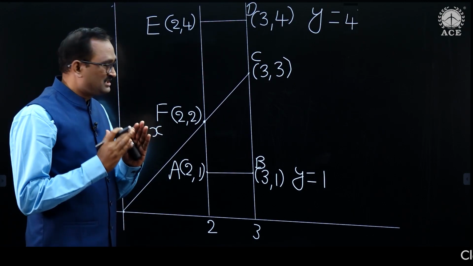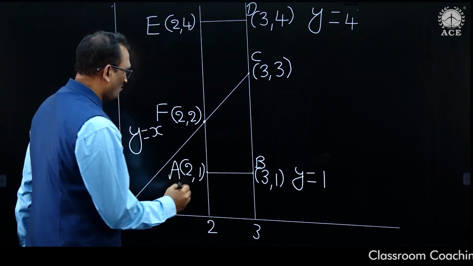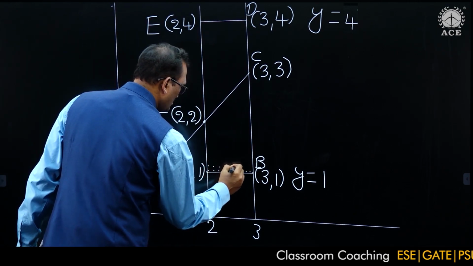Now, we just need to find the probability of y less than or equal to x. That means we need the area below the y is equal to x line. So, sketch the region below y is equal to x.